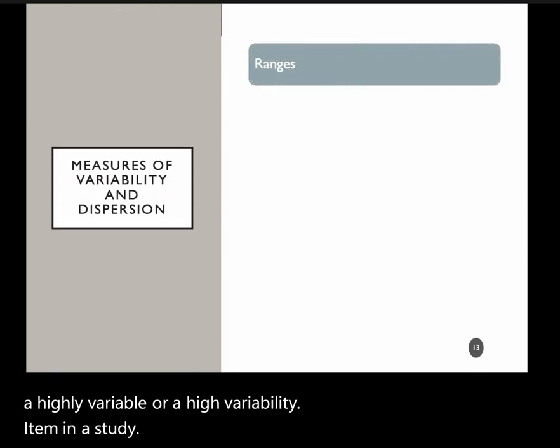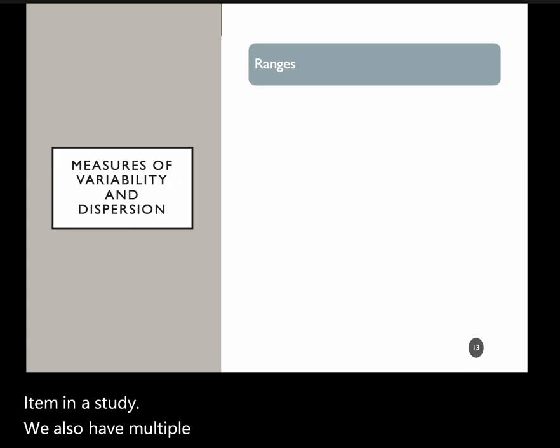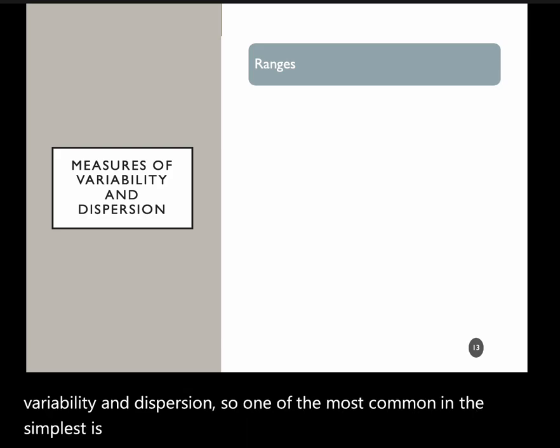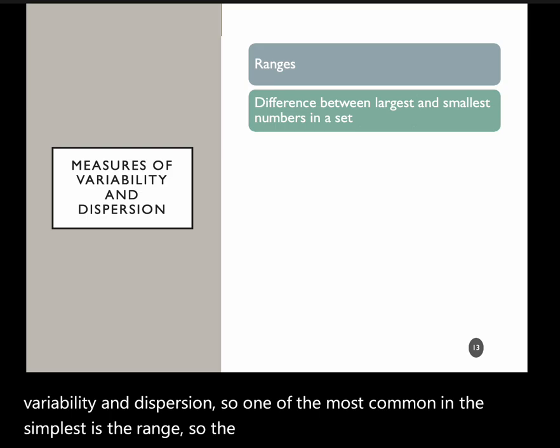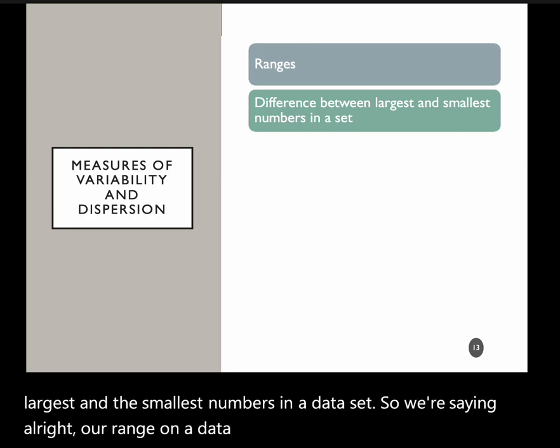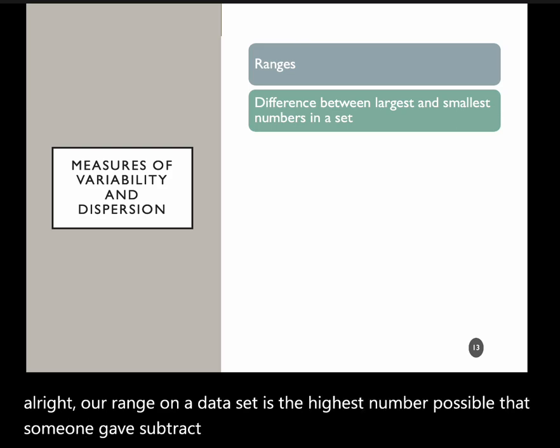We also have multiple measures that we use for understanding variability and dispersion. One of the most common and the simplest is the range. The range is the difference between the largest and the smallest numbers in a data set. So, our range on a data set is the highest number that someone gave, minus the lowest number on our assessment.